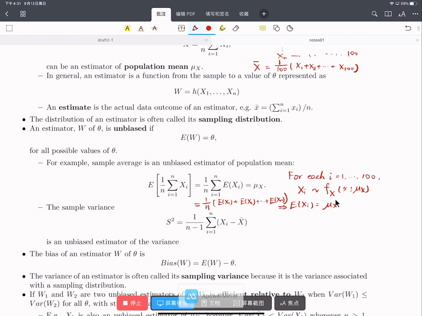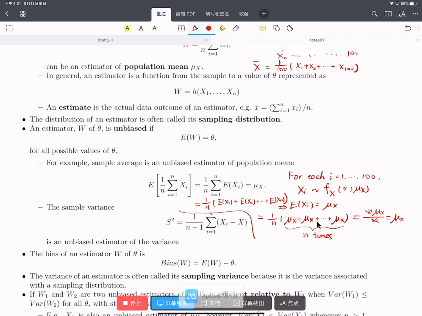So this is further equal to the sum of n mu of x, so equal to n mu of x divided by n, which equals mu of x.